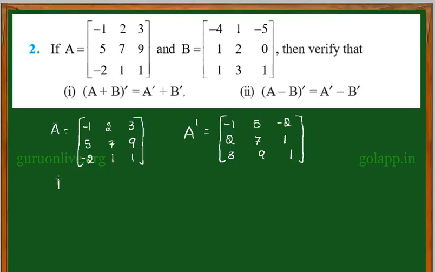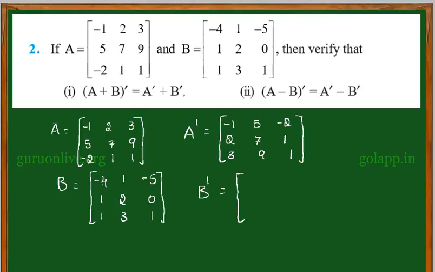So similarly, we have the matrix B, which is [-4, 1, 1; 1, 2, 3; -5, 0, 1]. This is the matrix B. So then B transpose will be equal to, interchange the rows and columns.